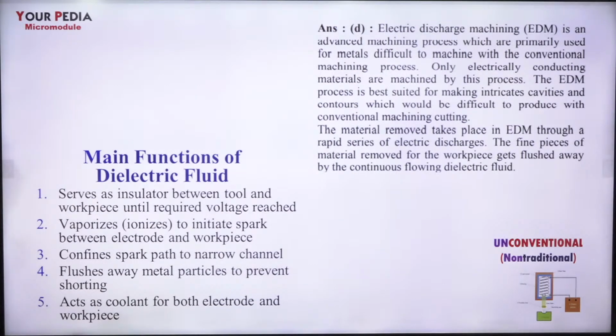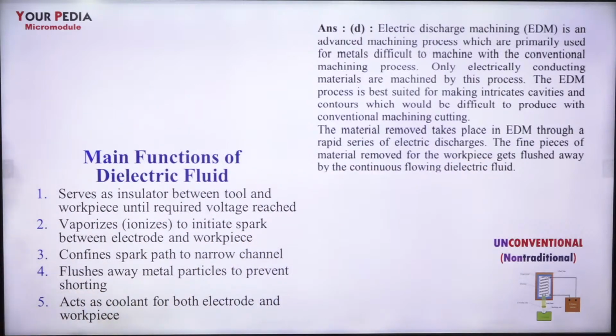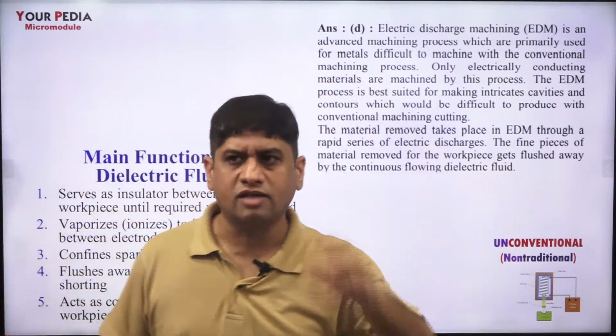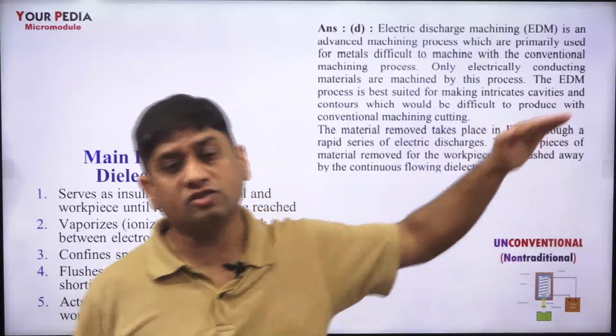There is a series of electric discharges, and there is a reason we do not get very good surface quality in EDM: the capacitor gets discharged, a spark is produced, and then it charges again. So you get a series of sparks.